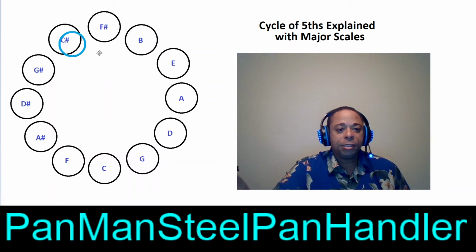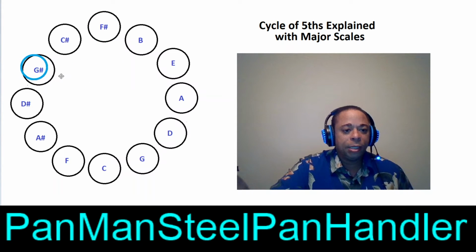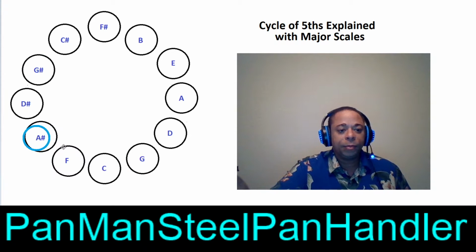B, skip to C sharp, skip to D sharp. Now go to the 4th note, which is always clockwise to the one you began on, which is E. Skip F sharp, skip G sharp, skip A sharp, and then your 7th to your 1st is always going to be a half step as well.